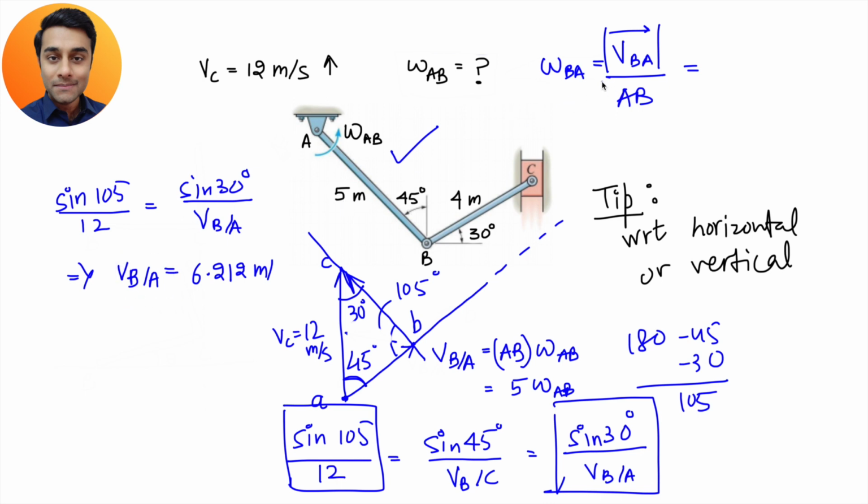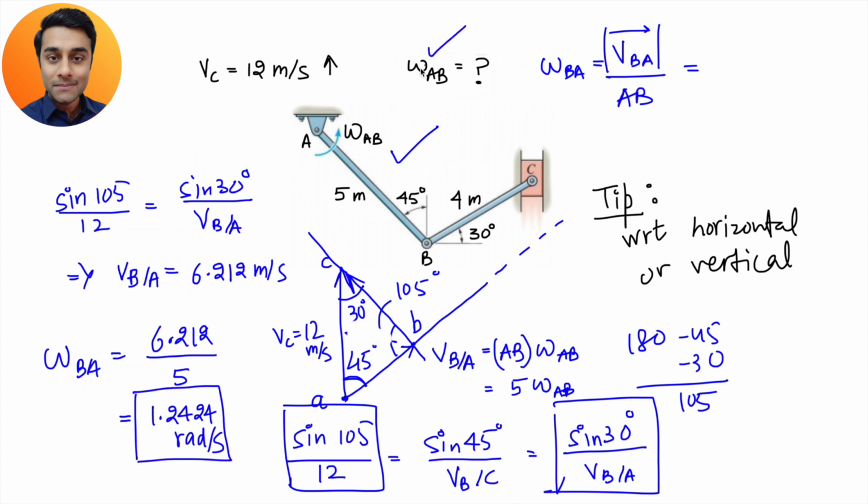Simply put the value here. So you will get omega of BA is equal to 6.212 divided by AB. How much is AB? AB is equal to 5. Put it, you divide it, you will get the answer as 1.2424 radian per second, which is the required answer for this question.